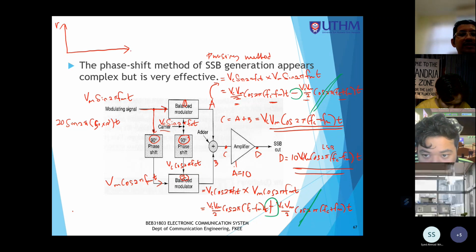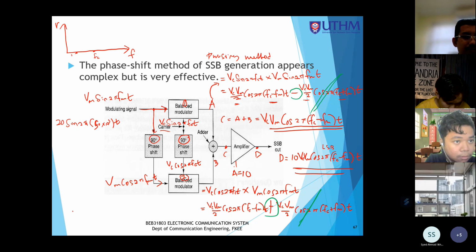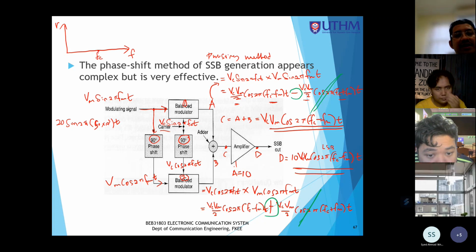So this is a V versus F. So for example, this is FC, this is the carrier. This is the upper sideband, FC plus FM, tidak ada. So yang kita ada cuma lower sideband. So we have the lower sideband over here, FC minus FM.